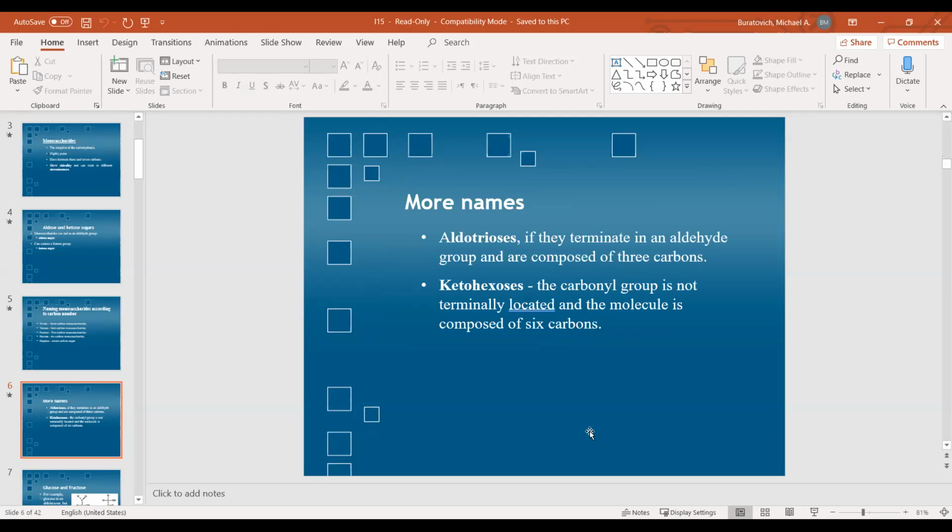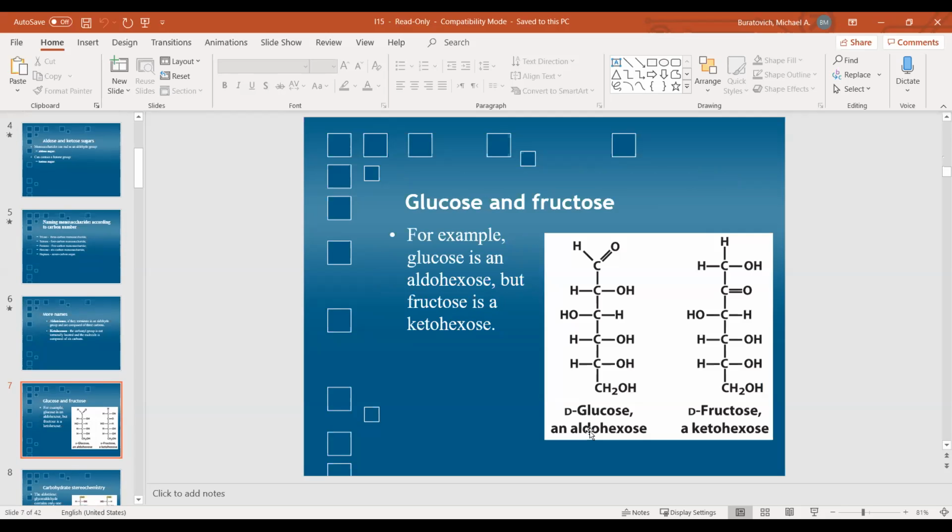That's how you describe monosaccharides. So here is glucose. It is an aldohexose. 1, 2, 3, 4, 5, 6. Fructose is a ketohexose.